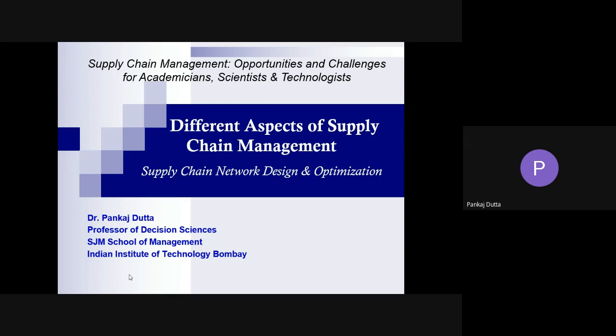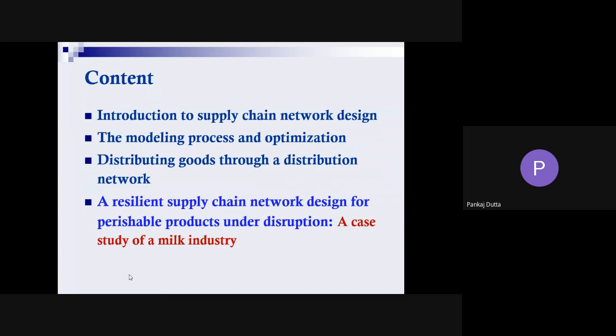I will also cover a case application, the introductory aspects of supply chain network design, then the modeling process, how the basics of modeling can be done in the context of supply chain, and then how optimization can be brought in and used to optimize a sample example.